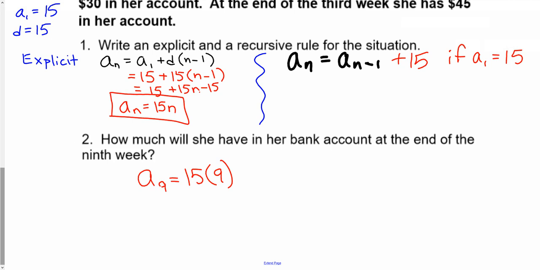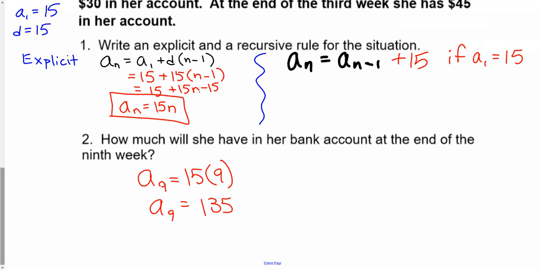If it said use your recursive rule to find how much she's going to have after the 9th week, sorry, you're just going to have to do all the work. But they didn't give me any guides, so I'm using the explicit one. What's 15 times 9? So $135. And I think that was it.